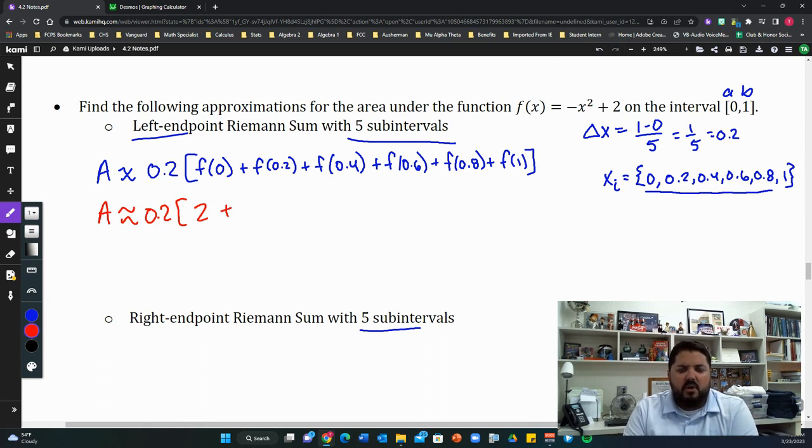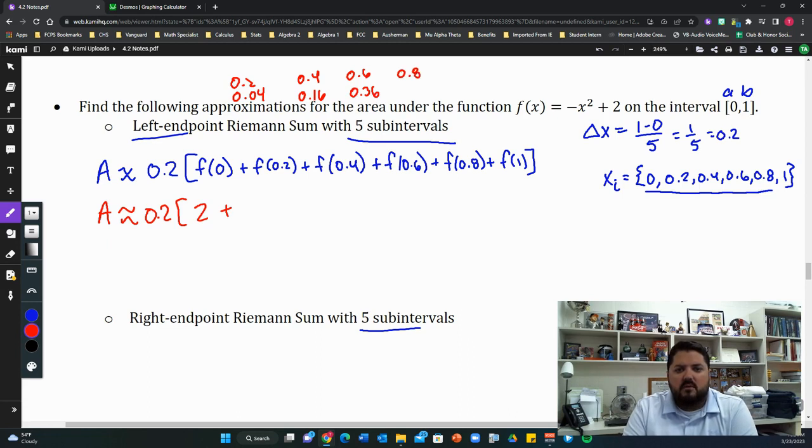Then for these guys in the middle, you're just squaring those x values and then subtracting that from 2. So if I write all these out, 0.2 squared is 0.04. 0.4 squared is 0.16. 0.6 squared is 0.36.